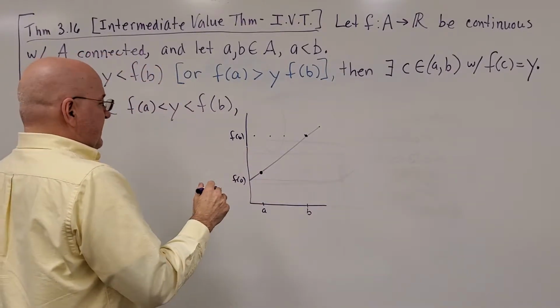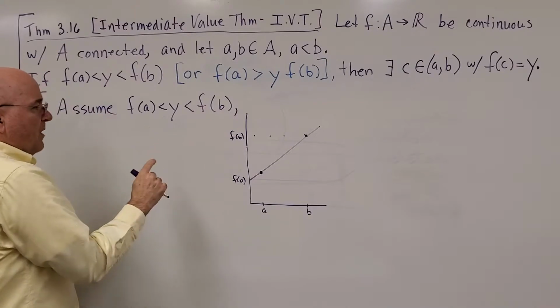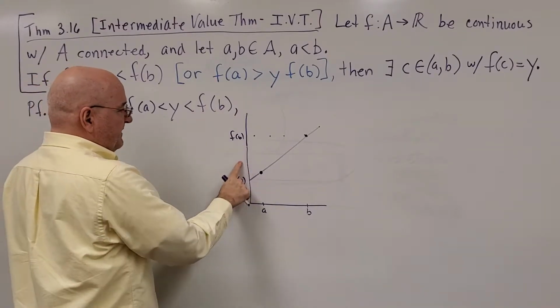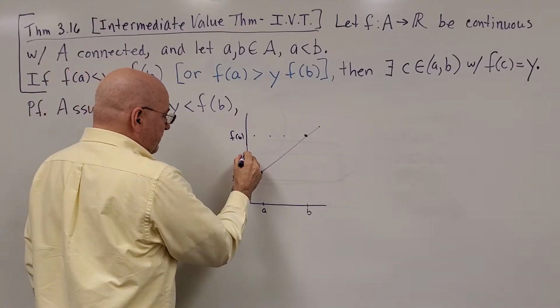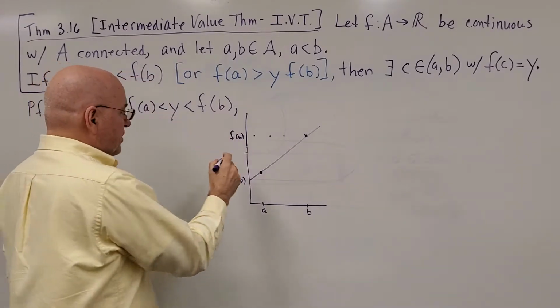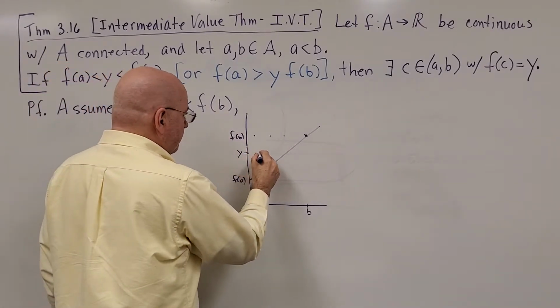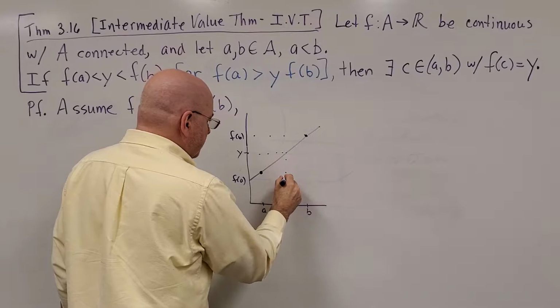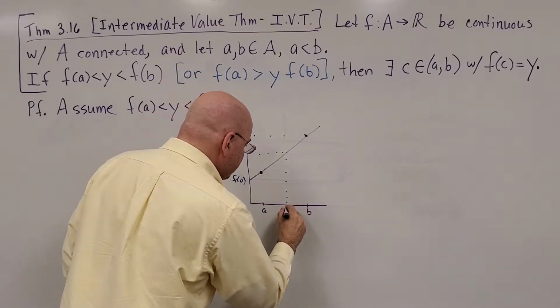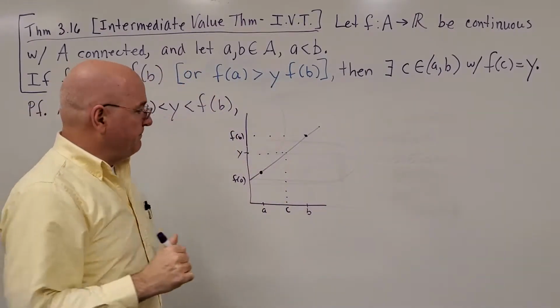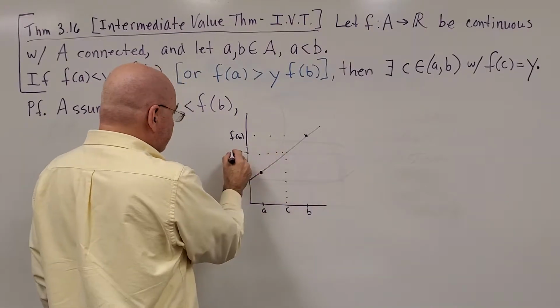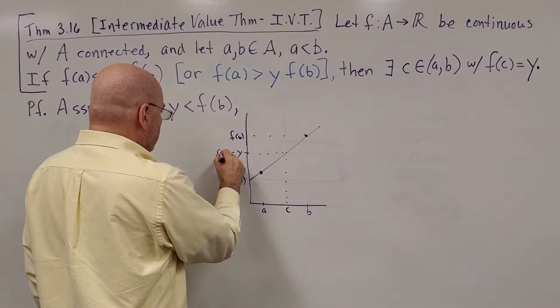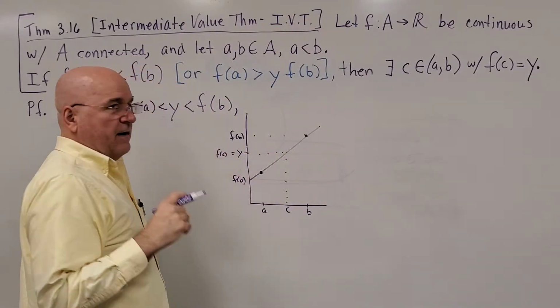So what that's saying is that if I take any number y that's strictly in between these two values, like for example there, somewhere close to the middle, call that y. Well, here is the number c that would satisfy the theorem. f of c is equal to that y.